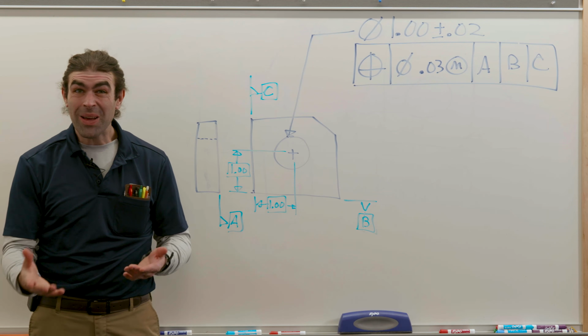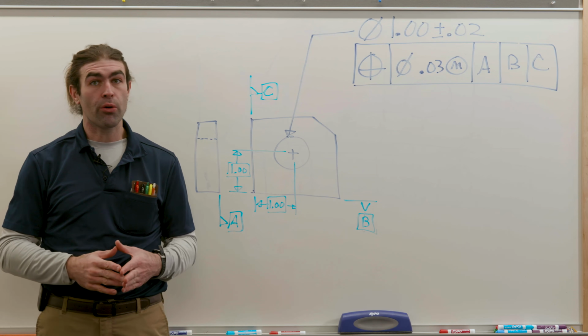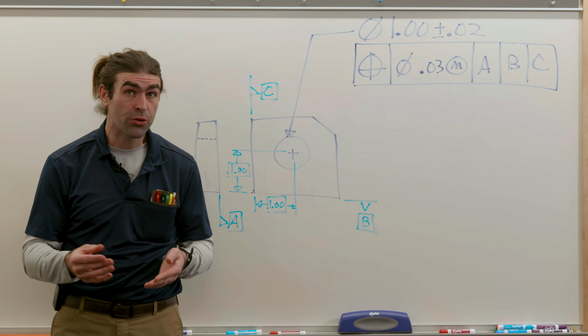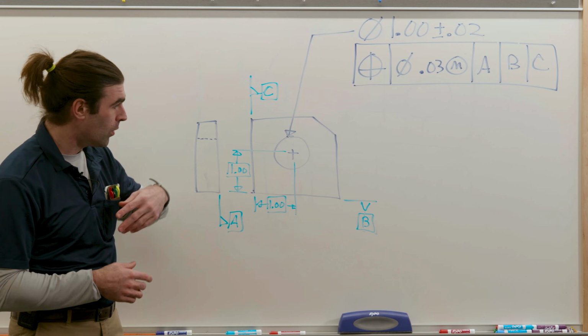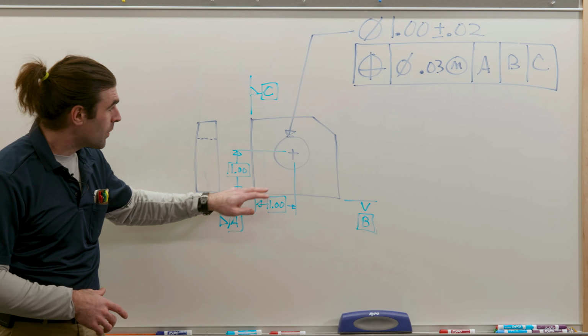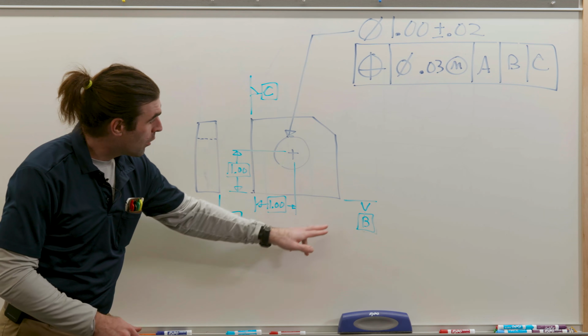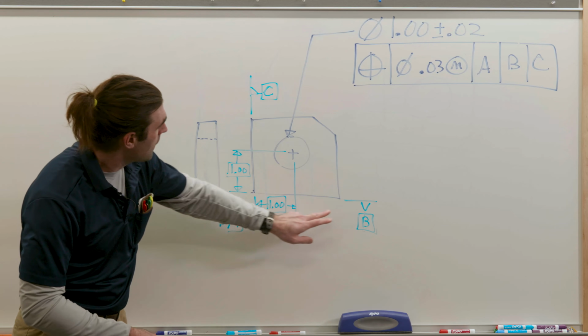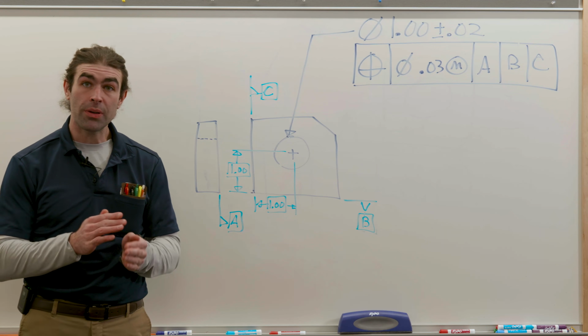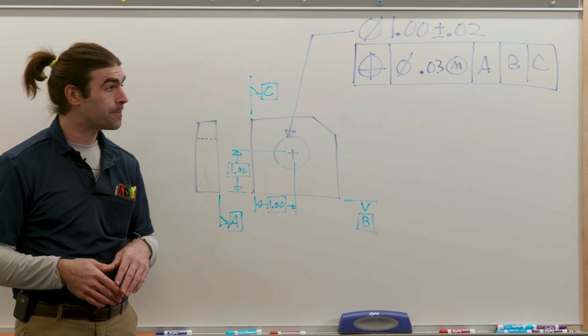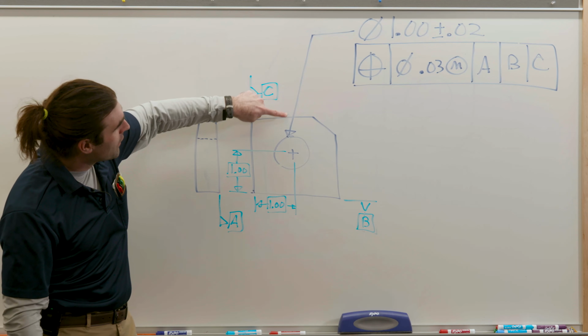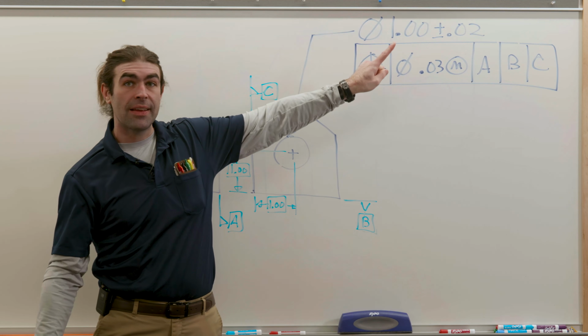So here is about as complicated as a feature control frame can get, but it's not too bad. So we've got a block with a hole in it. We've got basic dimensions locating the center of the hole. We've got 3 datums, so A, B, and C on perpendicular surfaces of the part. We're leader directed to a size dimension.